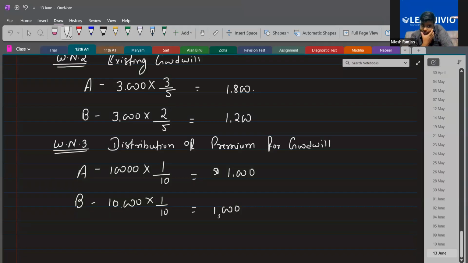The total amount is already distributed. A is getting 1,000, B is getting 1,000. The total amount is 10,000 that is brought by C. So it is already distributed.